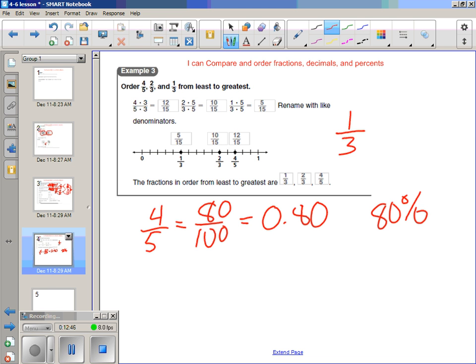So each one of these lines represents 1/15, 2/15, 3/15, 4/15, 5/15. Right here, this would be 14/15, and one whole would represent 15 out of 15. So we could use number lines as well to show these, and you'd be perfectly fine. Okay, so that's what we're going to have to do for today's lesson.